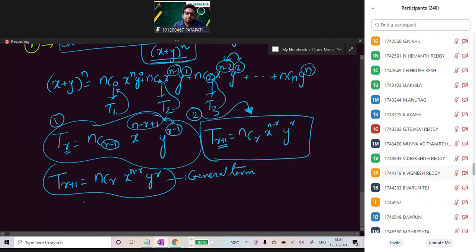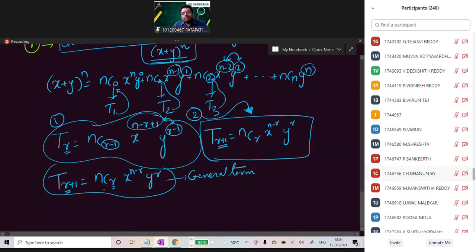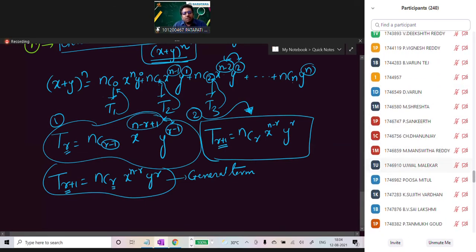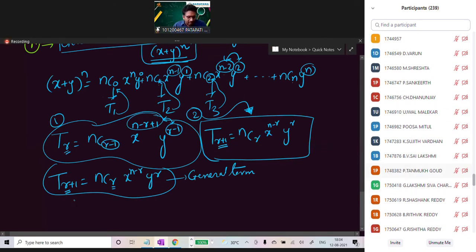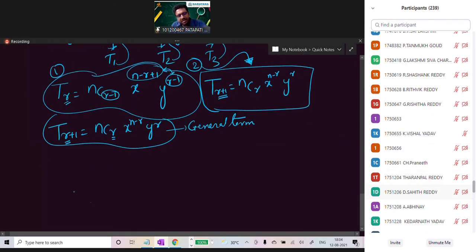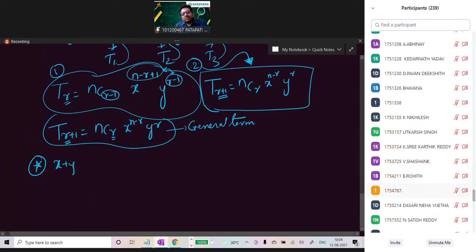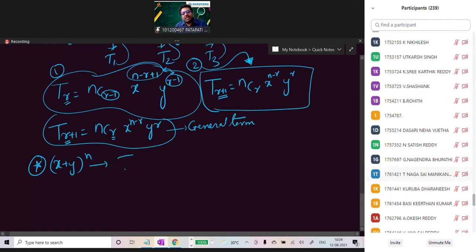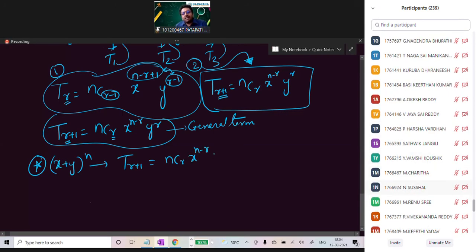If you put r equal to 0, you get the first term, T0 plus 1. If you put r is equal to 1, you get the second term. Is it clear? So x plus y whole to the power n, the general term is NCR x power n minus r y to the power r.